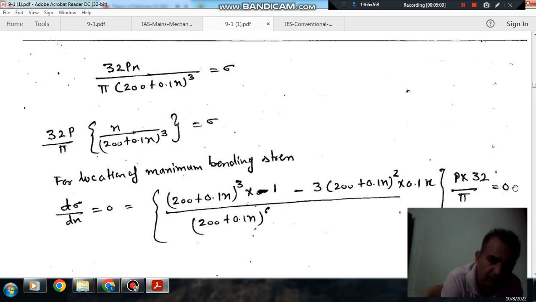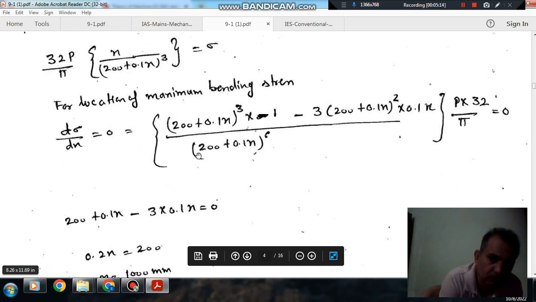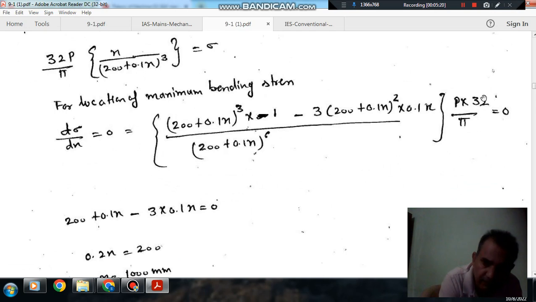Now you can put it equal to 0. So if we multiply this, from these two terms (200 plus 0.1 x) square is common.